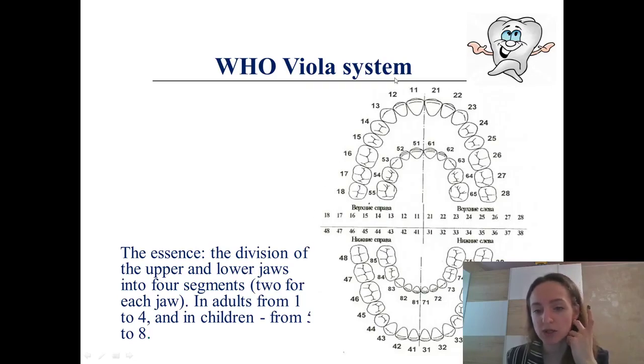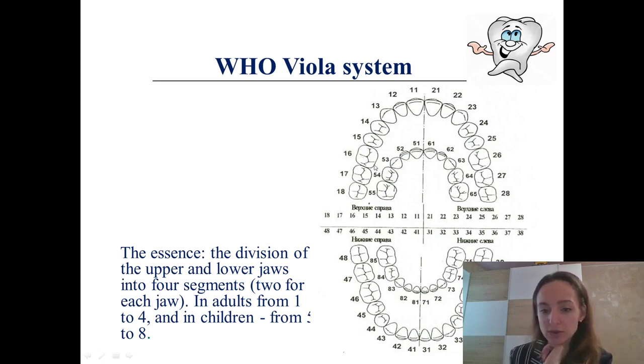And then we write, for example, 11, it's the first central incisor on the right. Okay, we see as the patient sits. So it's right part, left part, and right part, upper jaw and lower. And then we, for example, write 16. Yeah, 16 is the first permanent molar on the right part.